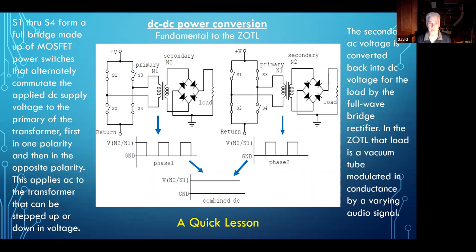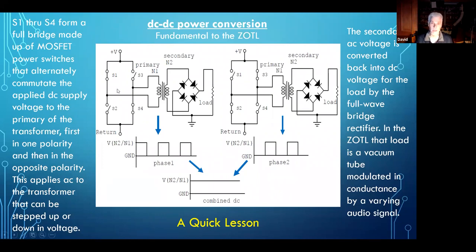This applies AC to the transformer that can be stepped up or down in voltage. The secondary AC voltage is converted back into DC voltage for the load by the full-wave bridge rectifier. In the ZOTL, that load is a vacuum tube modulated in conductance by a varying audio signal.